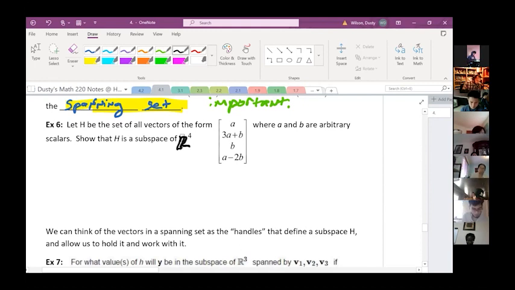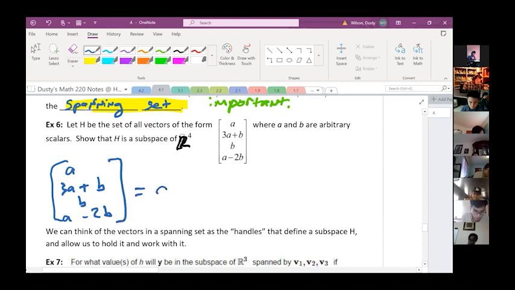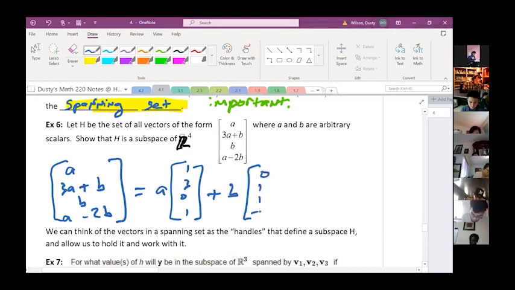What I want to point out is that if we have A, 3A plus B, B and A minus 2B, this is the same thing as A times 1, 3, 0, 1 plus B times 0, 1, 1, minus 2.